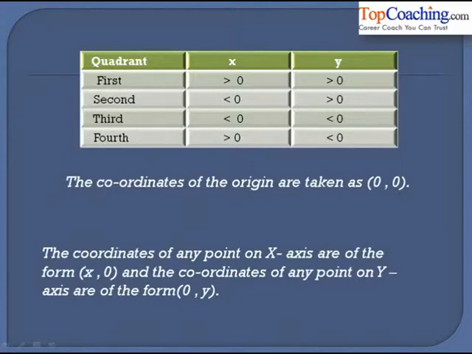Similarly, if we consider any point on the y-axis, then the abscissa or the x-coordinate is equal to 0, and the y-coordinate could be y. And so we can say that the coordinates of any point on the x-axis are of the form (x, 0), and the coordinates of any point on the y-axis are of the form (0, y).